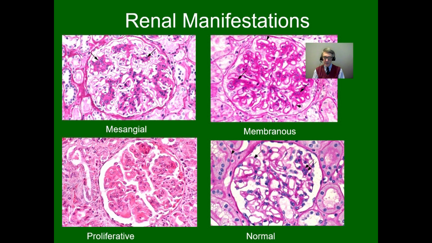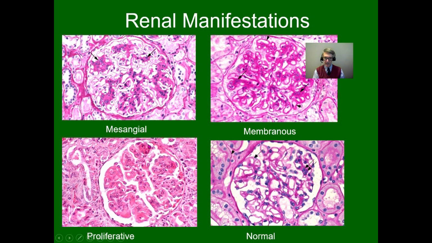There's several pathologic types. The first is mesangial, shown here, and that occurs in up to 24% of the patients. This tends to have a better prognosis. Proliferative occurs in, and what we see going on here is there's this proliferation in the glomeruli.